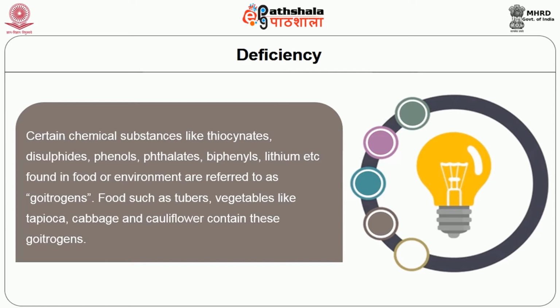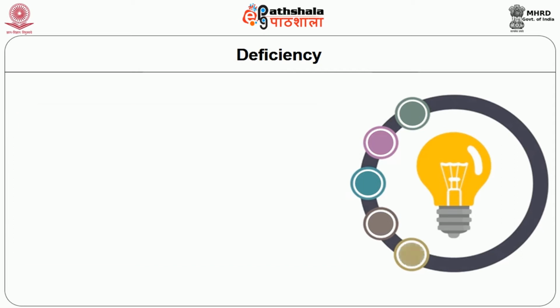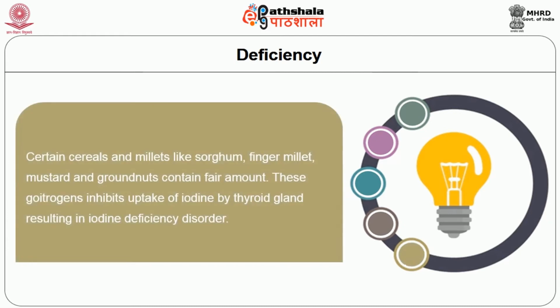Foods such as tubers and vegetables like tapioca, cabbage, and cauliflower contain these goitrogens. Certain cereals and millets like sorghum, finger millet, mustard, and groundnuts contain a fair amount. These goitrogens inhibit uptake of iodine by the thyroid gland, resulting in iodine deficiency disorder.